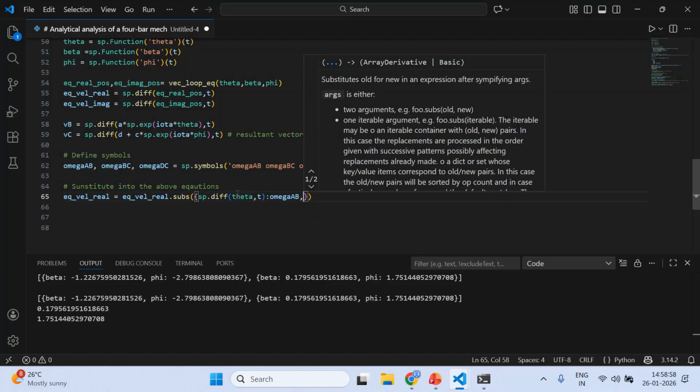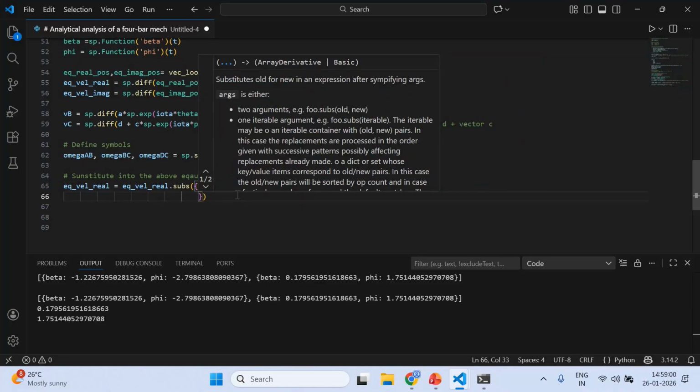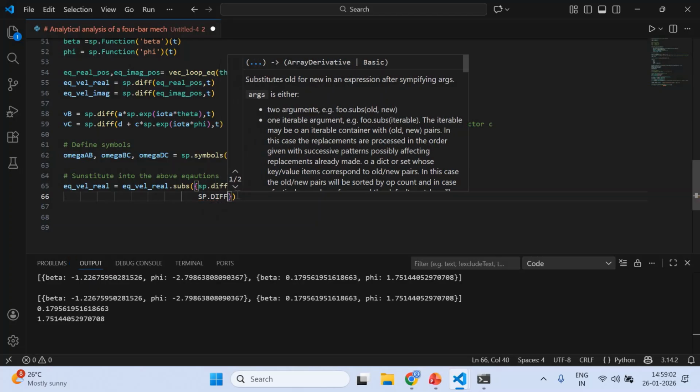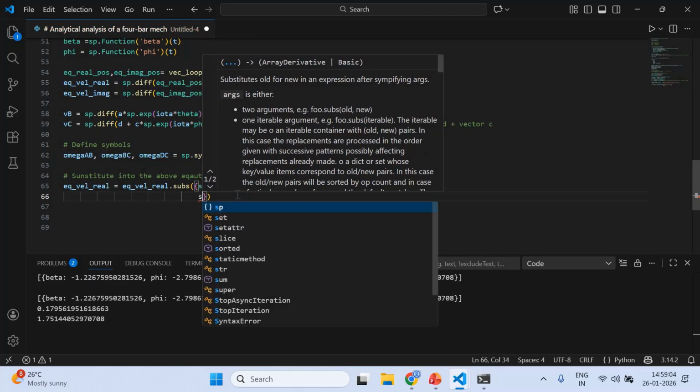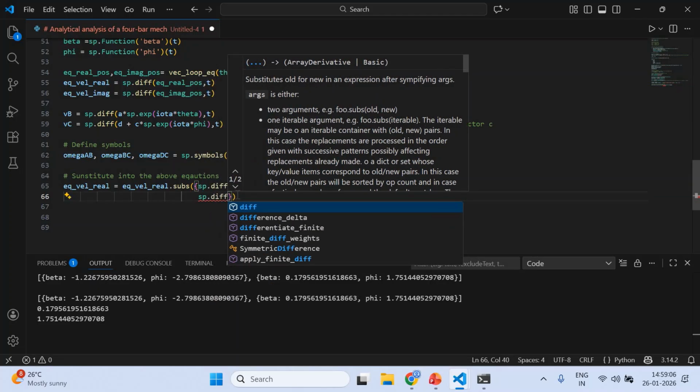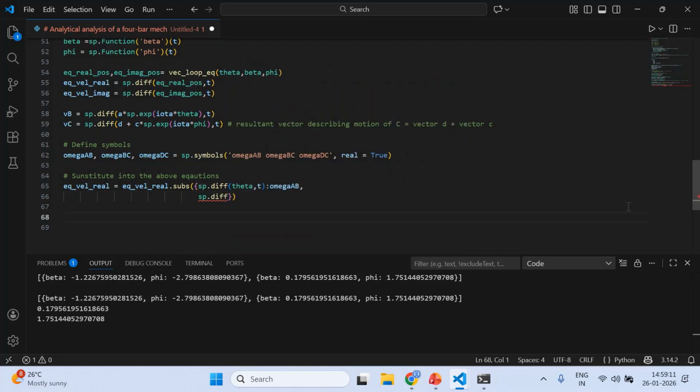then again comma, sp dot diff. So let us break it here so that we can visualize it easily.